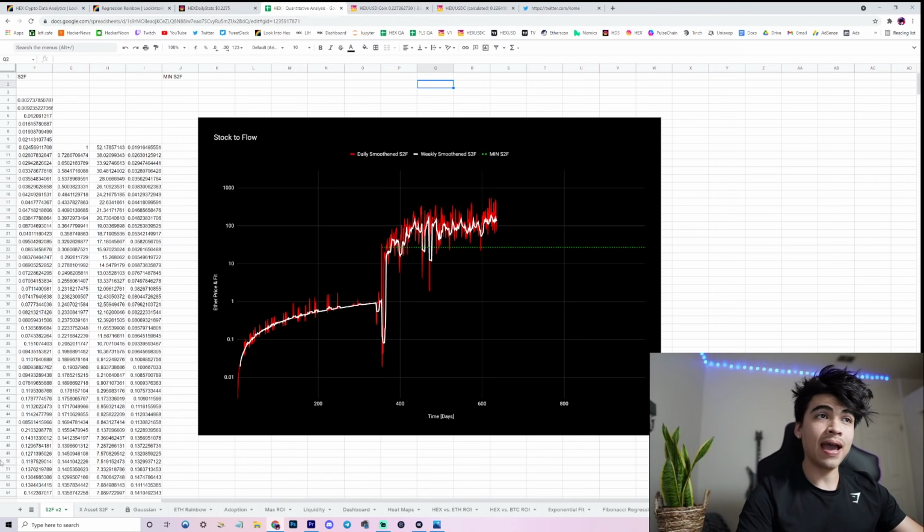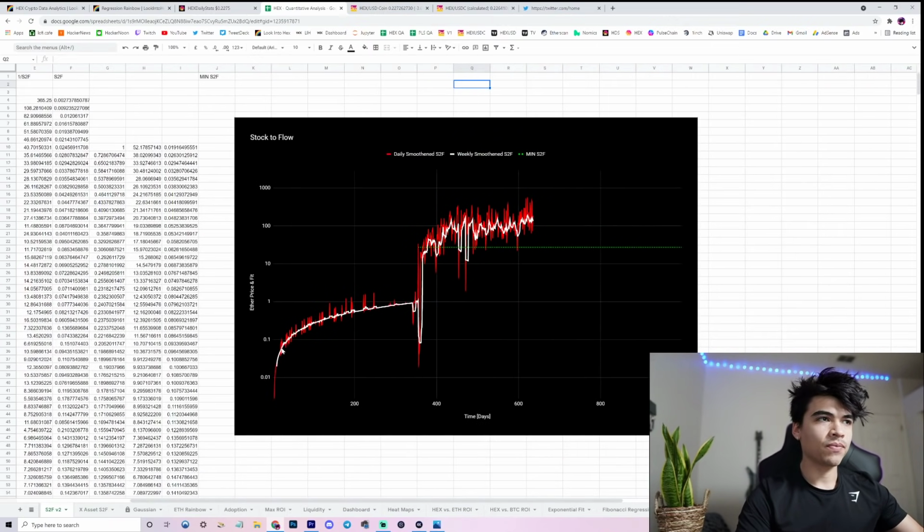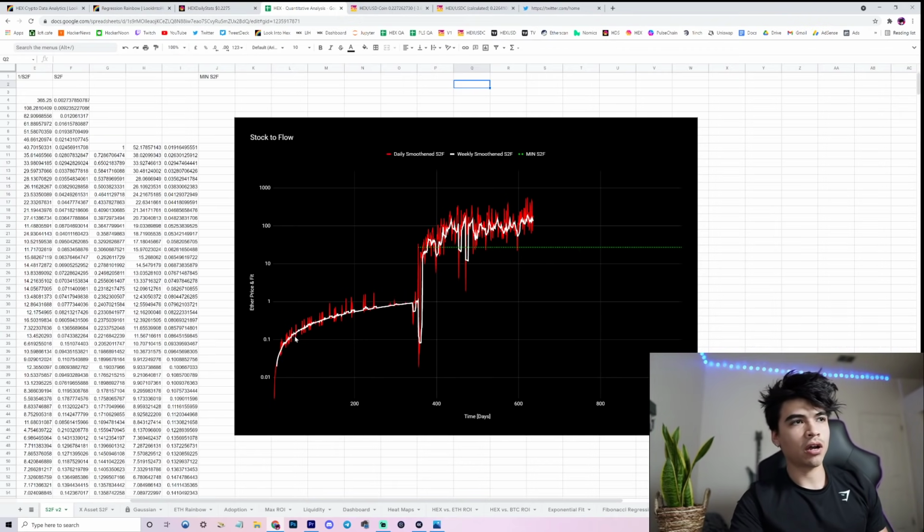And since we've only had about 2 years of data, we took two sort of smoothened curves. So this first red one is your daily smoothened stock to flow. It looks at the daily inflation of the currency and annualizes it. So it looks at, for example, this day over here, and says, well, if we were to continue at this current rate, this is what inflation per year would be.